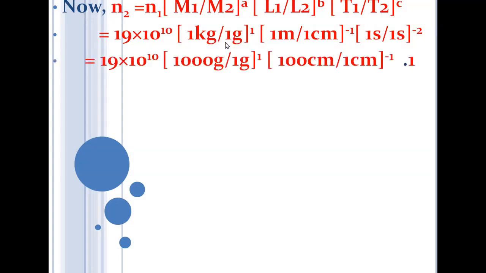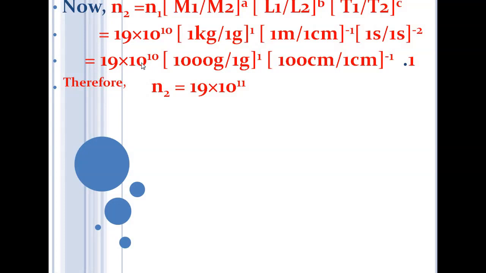For more simplification, I have converted kg into gram. 1 kg equals 1000 gram, 1 meter equals 100 centimeter, and once again cancel, or simply 1 power of 1, whatever the power of 1 is, is always 1, and centimeter cancels, it gives 1 by 100, because a negative power is here, and in this case gram cancels 100, so two zeros cancel. So simply you will get n2 equals 19 into 10 power 11.